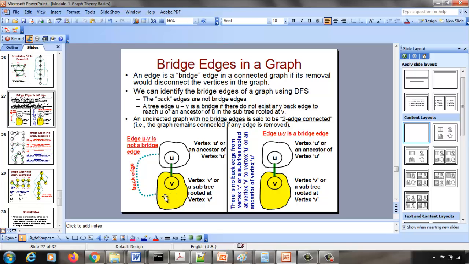If there is any back edge that comes out of the subtree going to U or above U, then this edge UV is not a bridge edge.